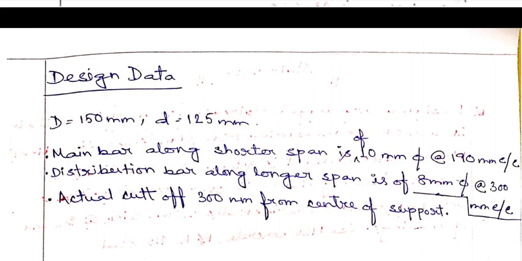So capital D, that is overall depth, is 150 mm, small d, effective depth, is 125 mm. Main bar along the shorter span is 10 mm at the rate of 190 mm center to center. Distribution steel bar along the longer span is 8 mm dia at the rate of 300 mm center to center, and actual cutoff is 300 mm from the center of support.